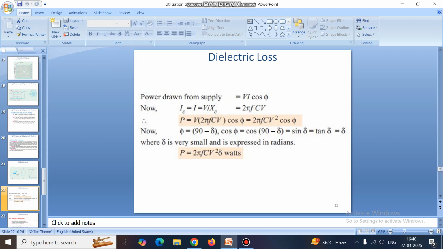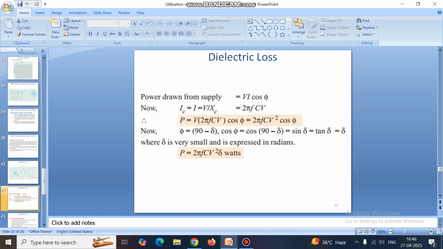Now power drawn is P = V I cos phi. Current IC is equal to V by XC, and XC is 1 by 2 pi F C. That means IC is equal to 2 pi F C V. Putting the value of IC, P is equal to V into 2 pi F C V cos phi. Now the value of phi is 90 degrees minus delta, because phi plus delta is equal to 90 degrees.